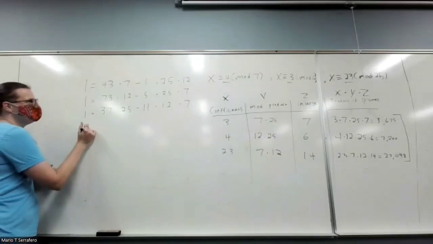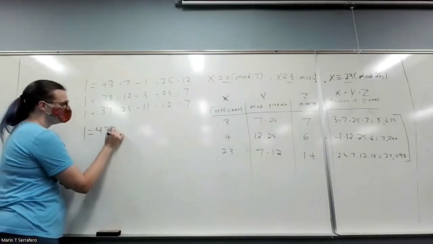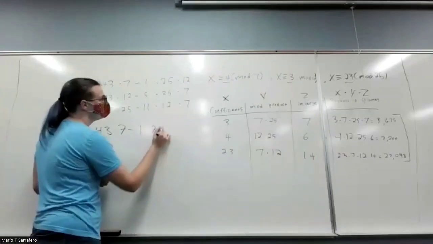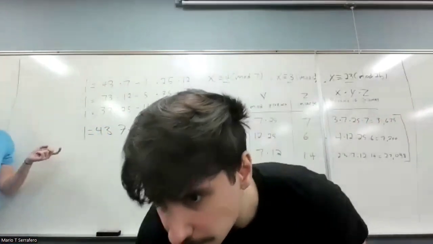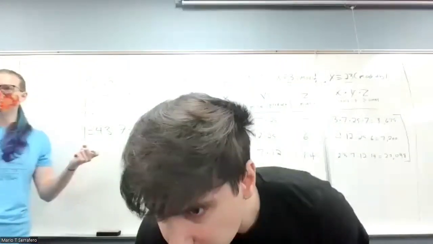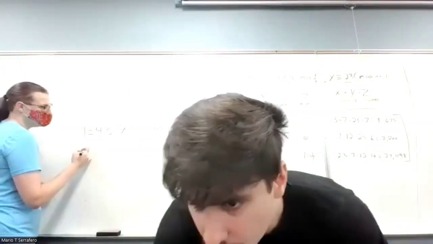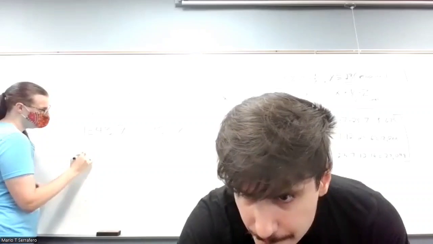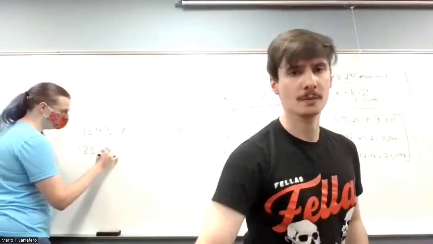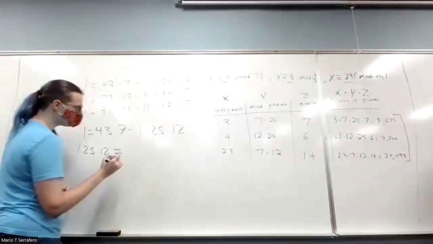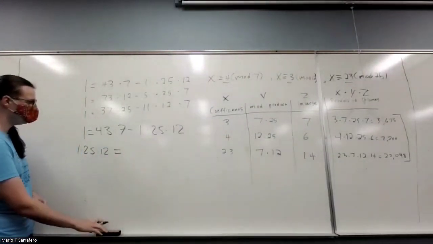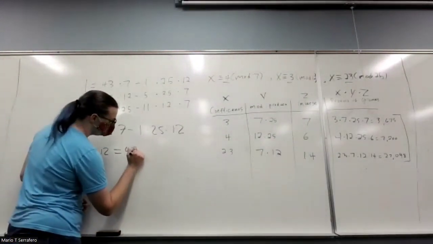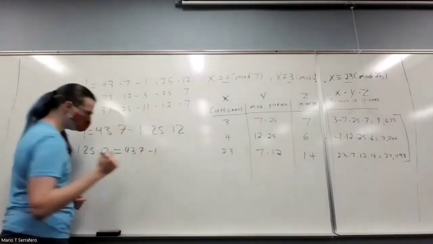So if we take our first equation, times 7 minus 1 times 25 times 12, I can also do a little bit of algebra to rearrange the order that this is written. And I can say 1 times 25 times 12 is equal to, here on this side, 43 times 7 minus 1.